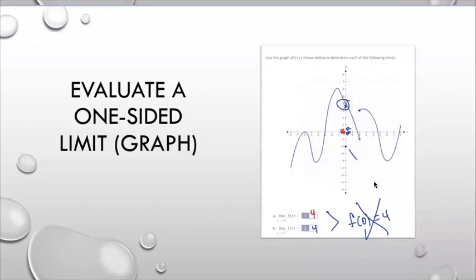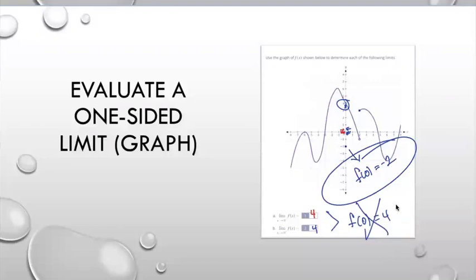Actually, the value of the function when x equals 0 is -2. -2 and 4 are not the same, and that's totally fine. The limit of the function is not telling you the value of the function. It's just telling you a value that the function is approaching.